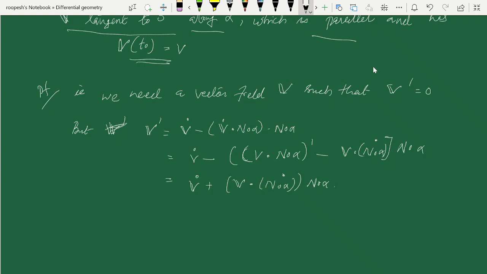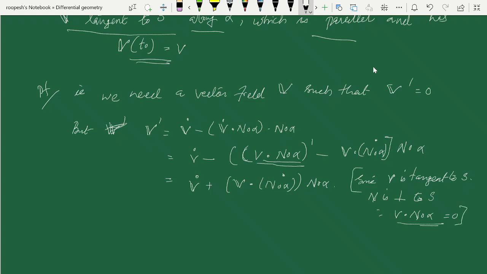What's the reason? Since V is tangent to S and n is perpendicular, or orthogonal, to S, therefore V dot n composition alpha should be 0, right?